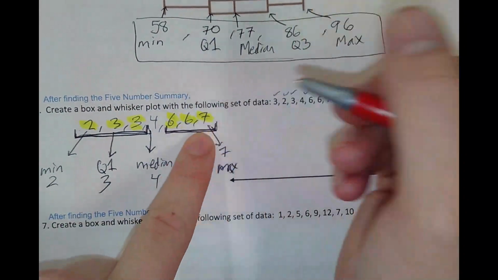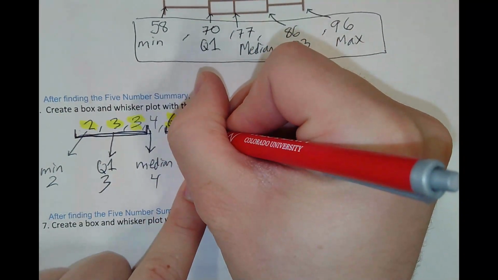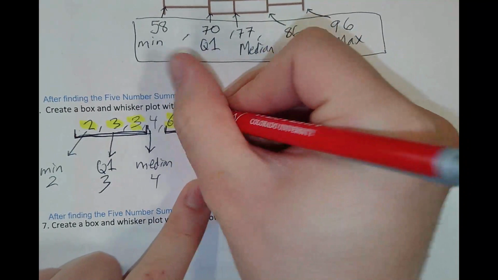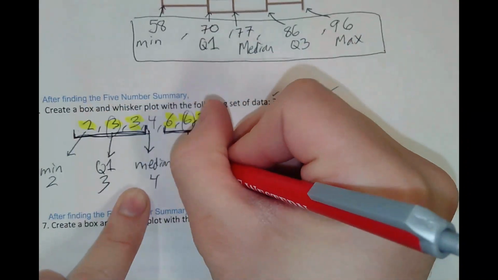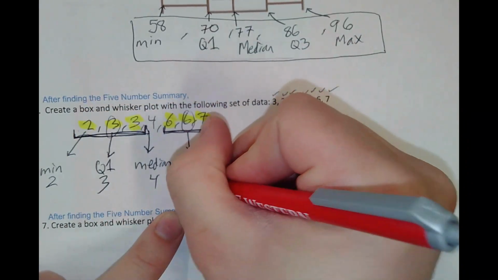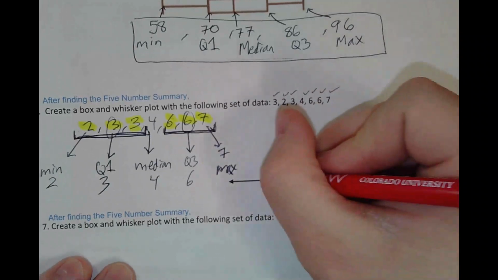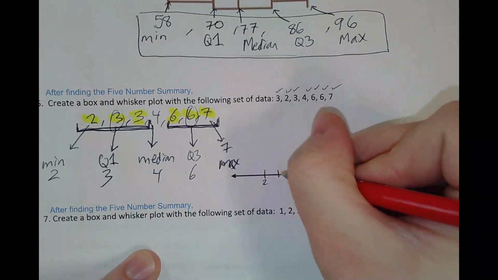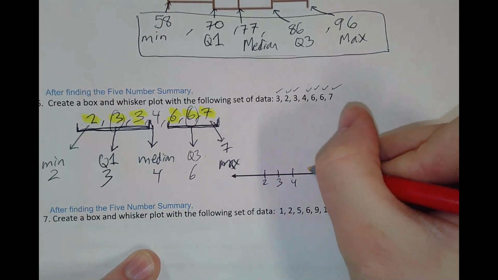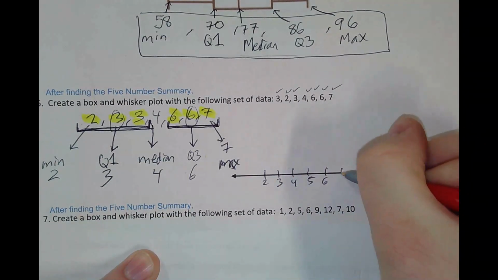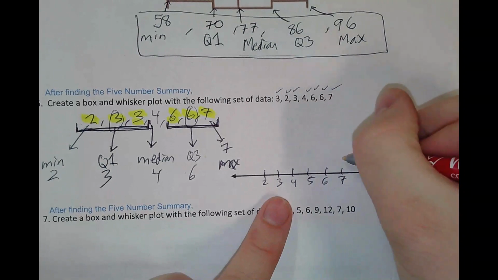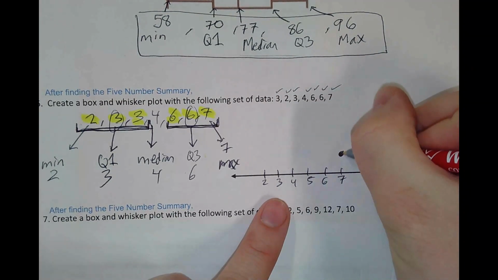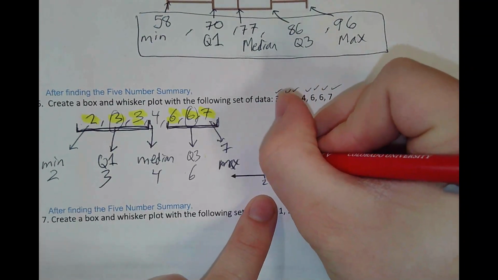And the middle of our second half of the data is going to be 6, which is Q3. So look at that list of numbers. Let's just put those numbers on a number line. 2, 3, 4, 5, 6, 7. Our maximum value is 7. Our minimum value was 2.